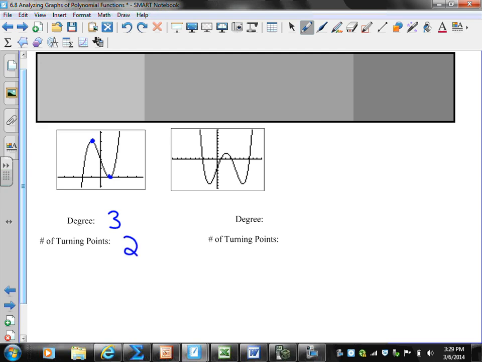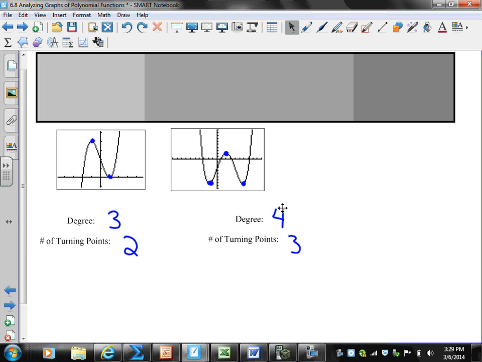Okay, let's look at the next example. What if I were to say this is degree 4? How many turning points are there? Well, there's 1, 2, 3 turning points, right? So degree 4, and there's 3 turning points. Can you make a connection here between the degree and the number of turning points?